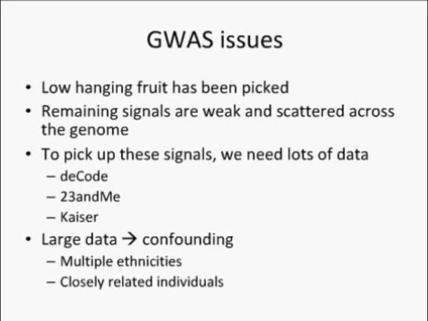And it turns out that that association is false. It looks real when you do the statistics, but it's actually not real. What's going on is what's called confounding. Examples of confounding are that you have in your data people with multiple ethnicities, or closely related individuals, and because of this, you get these false signals. Let me try to give you some idea of how this happens.